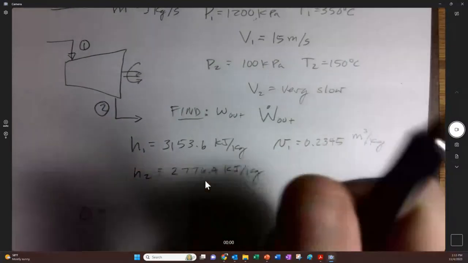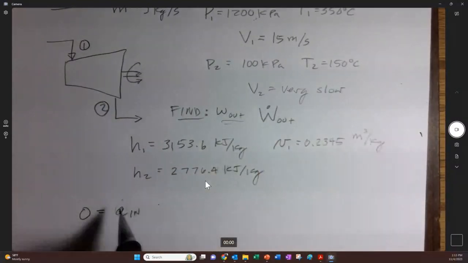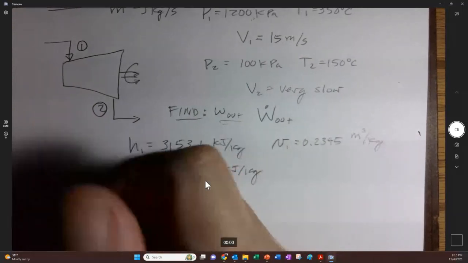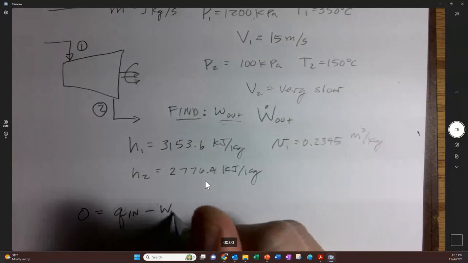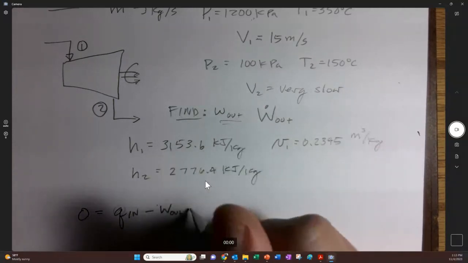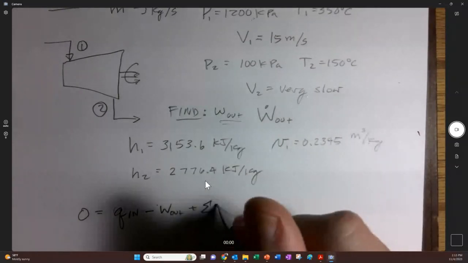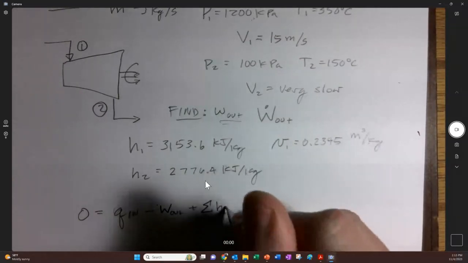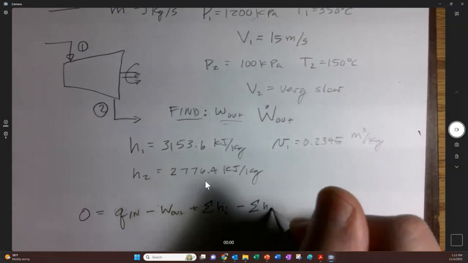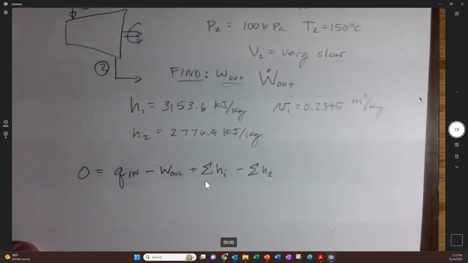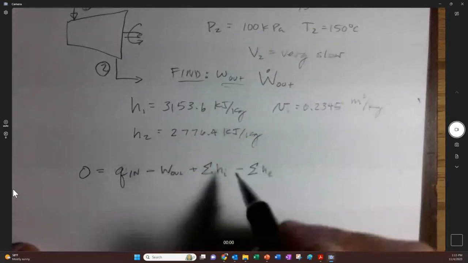Because of the way they asked this, they asked for this first, so let's use this version of it. There's no dot right there. It's on a per mass basis, minus work out, still lowercase, and that's going to be plus the summation of the H ins minus the summation of the H exiting. I'm just trying to be consistent with what they're asking right there.